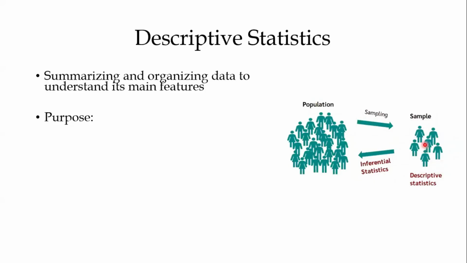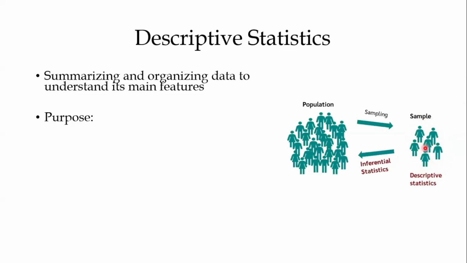For example, you'll be able to say that of this sample that you studied, half of them were male, and the majority of them were elderly. That's what we mean by descriptive statistics. So you're essentially describing the sample.